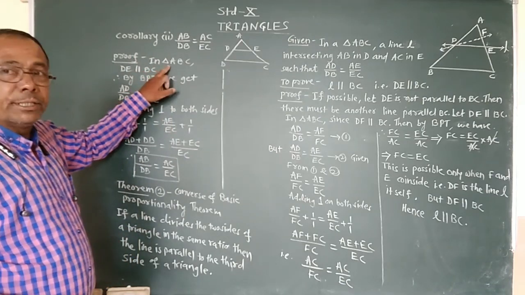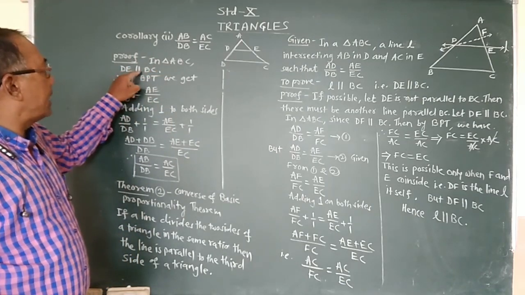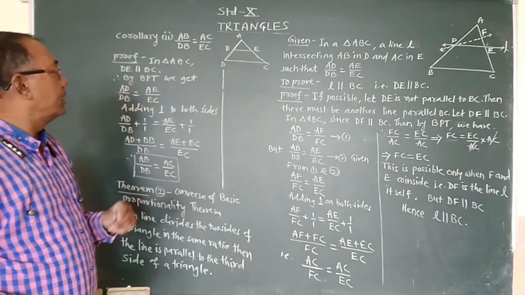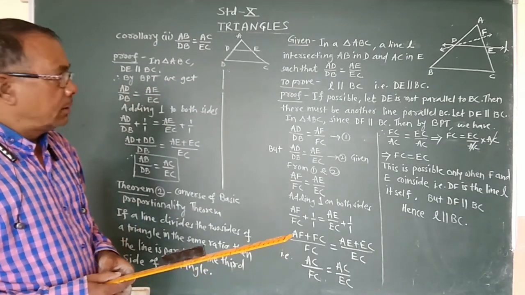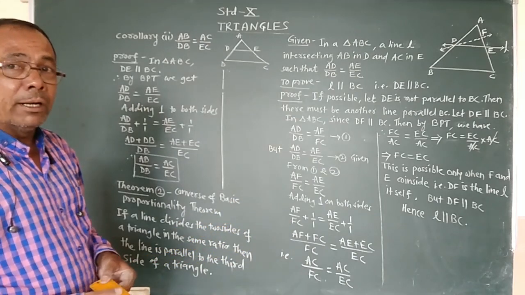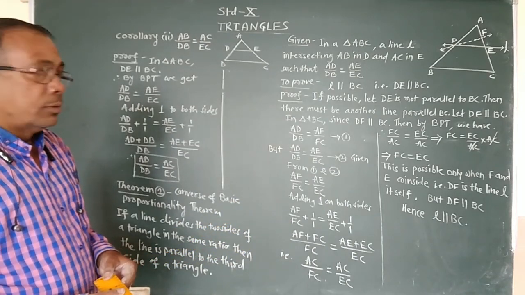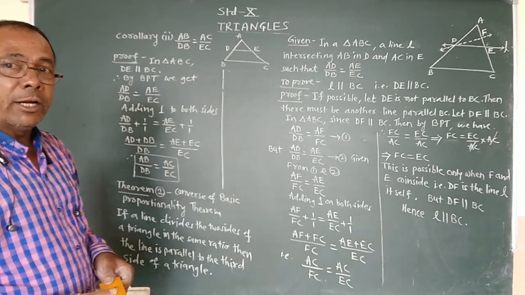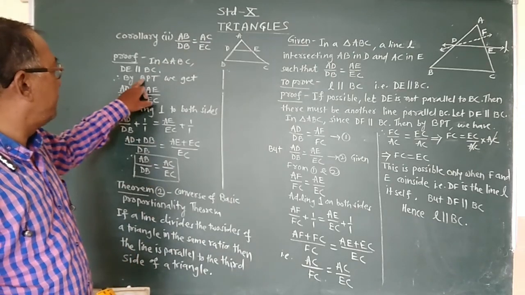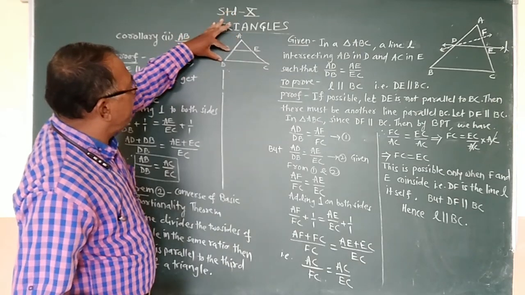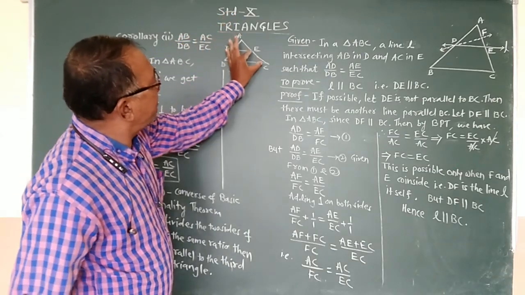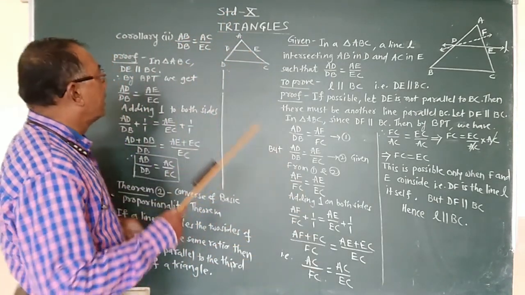In a triangle ABC, DE is parallel to BC, it is given, and if a line is parallel to one side of a triangle, then according to BPT we can get AD upon DB is equal to AE upon EC.